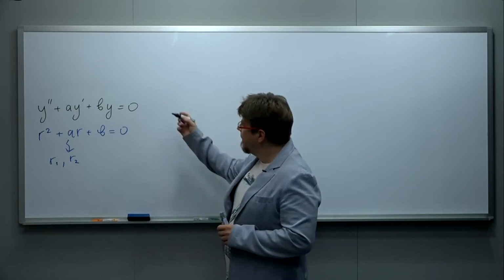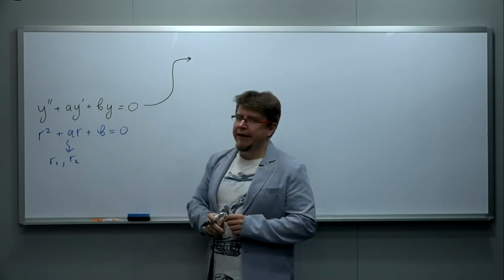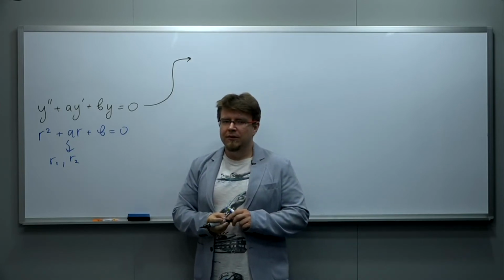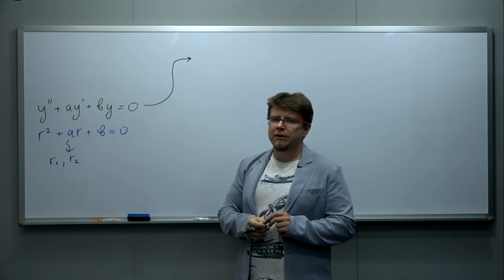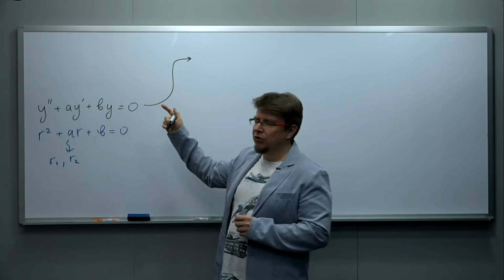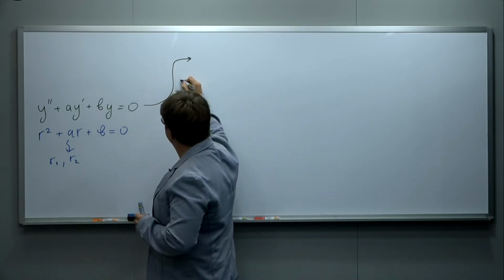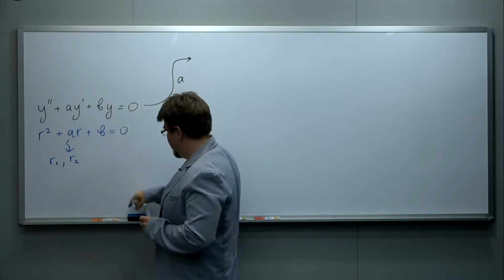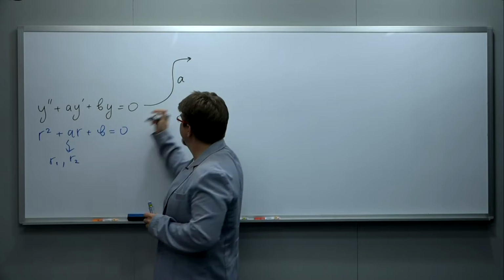Now, essentially, there are two different cases. The roots of the characteristic equation can be either real or complex. The roots are real if and only if the discriminant is non-negative. The discriminant of the quadratic equation is a squared minus 4b.